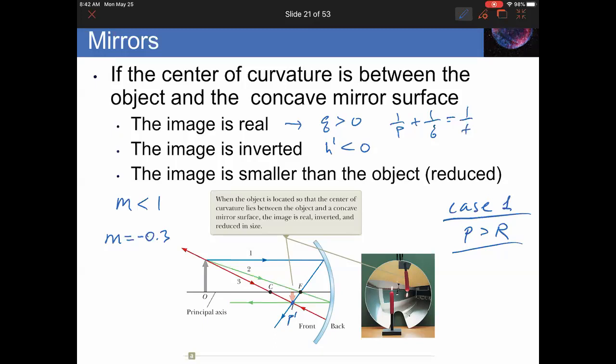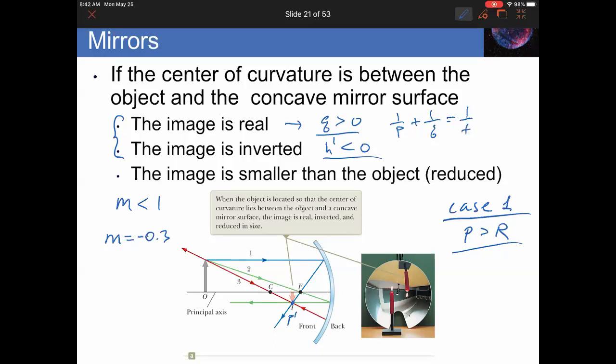But those two at least will always be true for a real image. If it's a real image, then Q will always be positive, H prime will always be negative, and magnification will always be negative, but it can be less than 1 or greater than 1, depending on the position of the object.